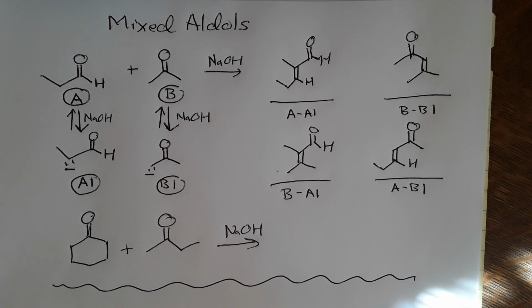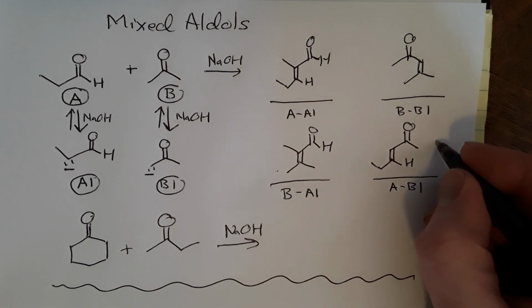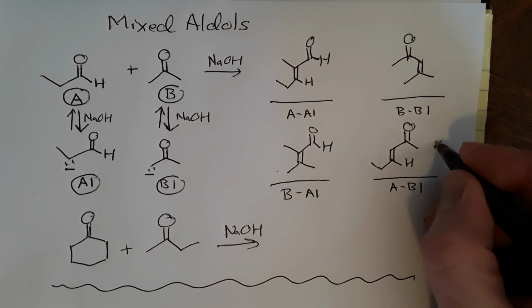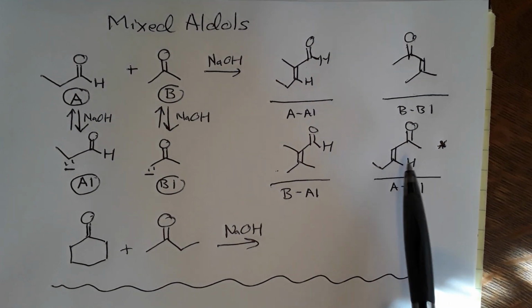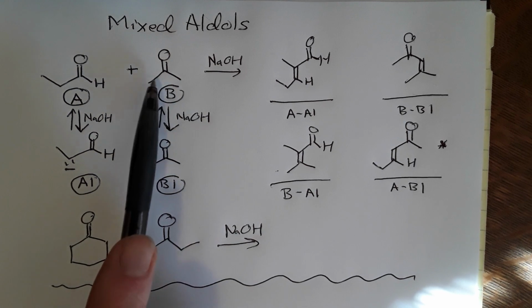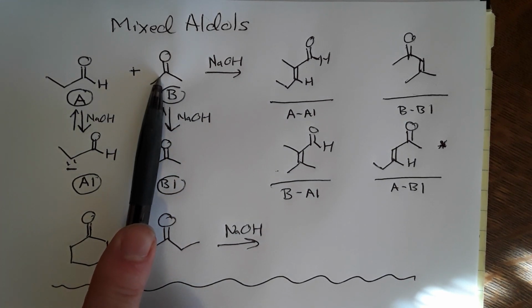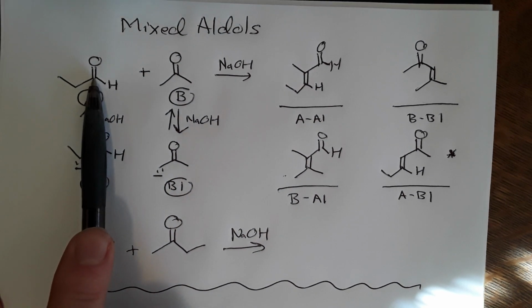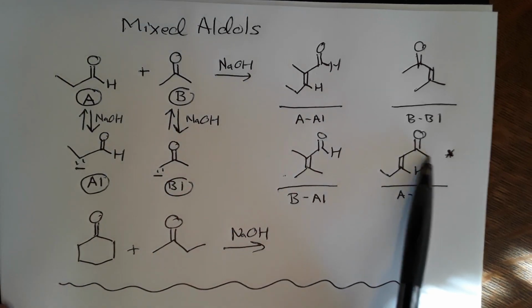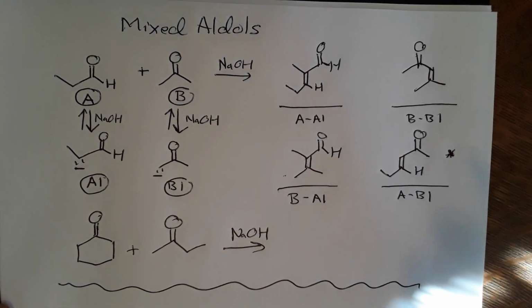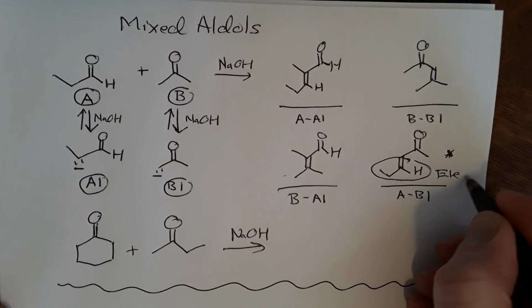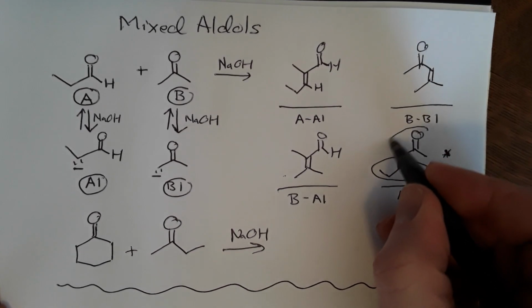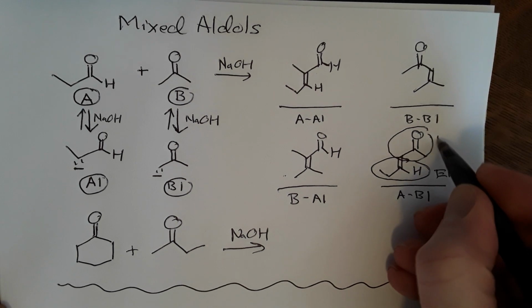Say that we wanted to actually form this as a major product, from the enolate of the acetone. So basically we want an acetone enolate, but we don't want an aldehyde enolate. Then the aldehyde would be the electrophile, and this would be the nucleophile.